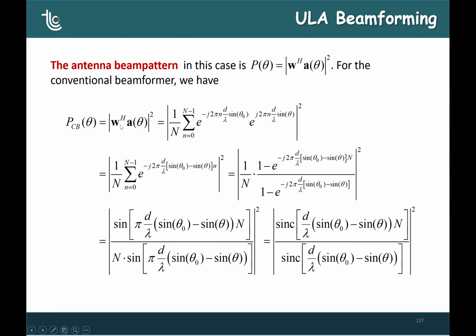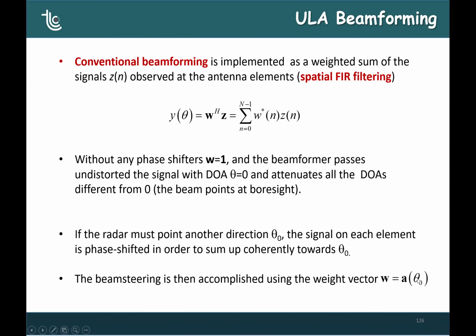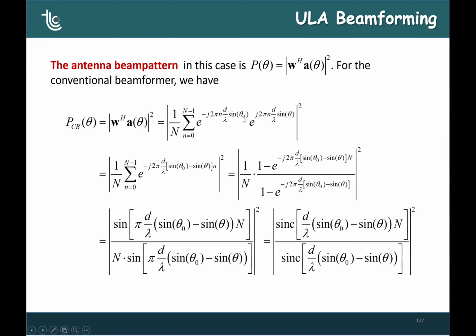We replace W with the expression similar to A, but in theta 0. So here we have theta 0, and we have the generic theta. Then let's put together the exponentials in this way. Let's do some operations similar to what we have done before, and we come out with a similar expression.